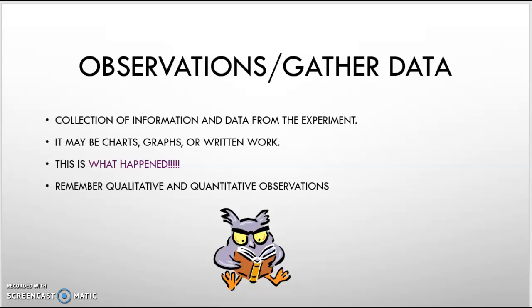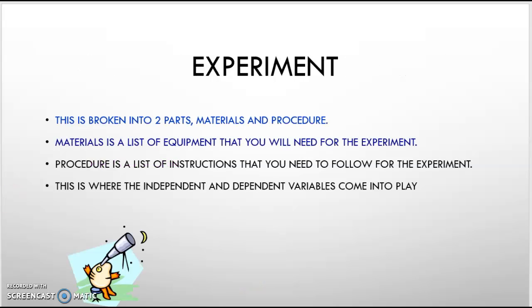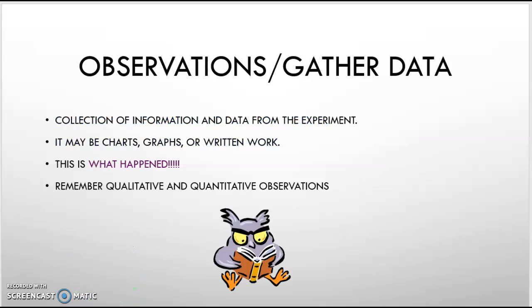And just like the owl is saying here, we want to remember our qualitative and our quantitative observations. So typically qualitative observations, that first one with the L, are going to be more pictures and written descriptions.